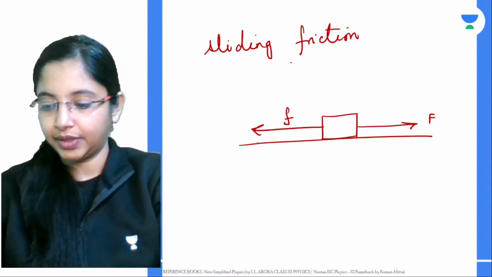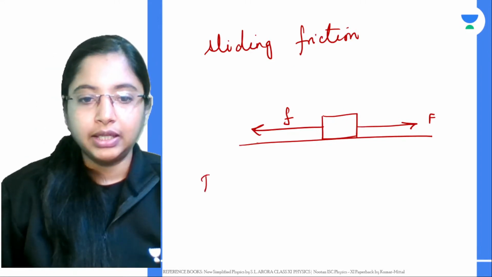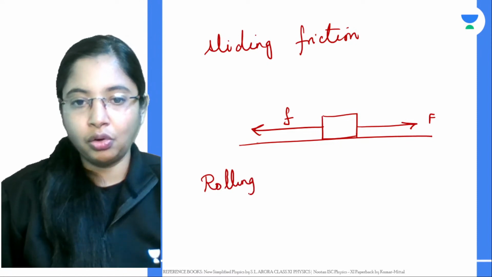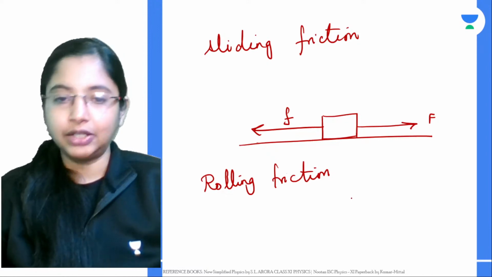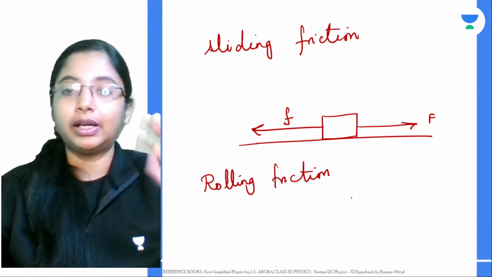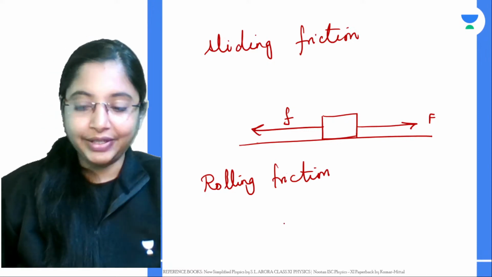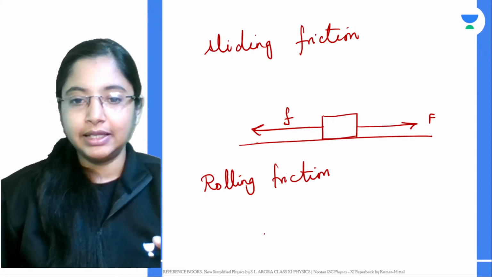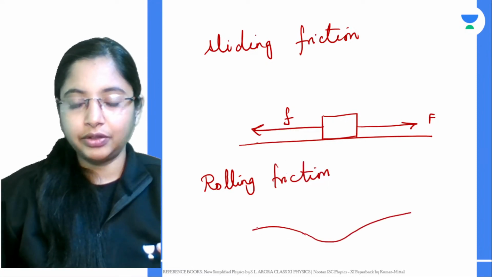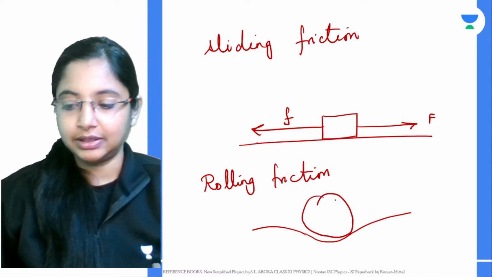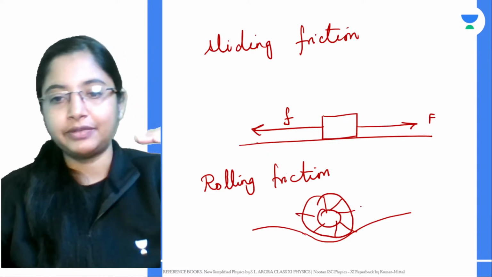This opposing frictional force, when one object slides over the other, is called sliding friction. Okay, and like sliding friction, you also have one more, that is rolling friction. Think of your travel bags which have rolling wheels, or the shopping cart that has rolling wheels. Anywhere that has a wheel. Let's say this is the surface, and there is a wheel which will roll over this surface as we apply a force.